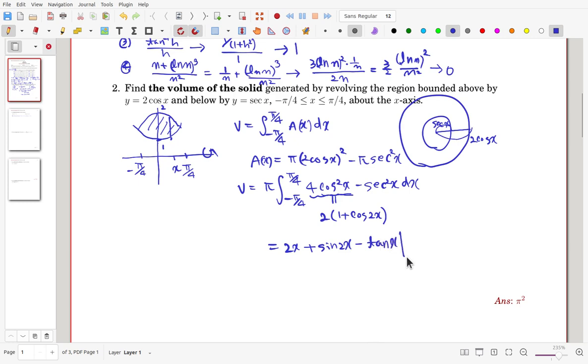Now you are evaluating from minus pi over 4 to pi over 4, right? Then you can get the final answer.